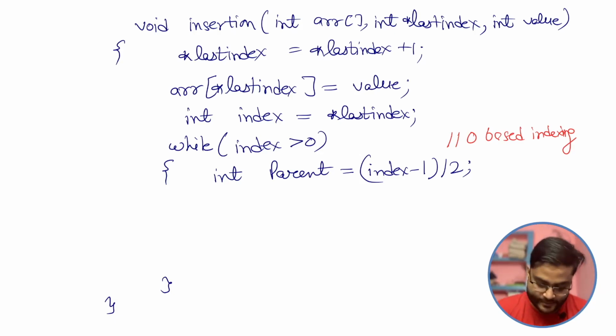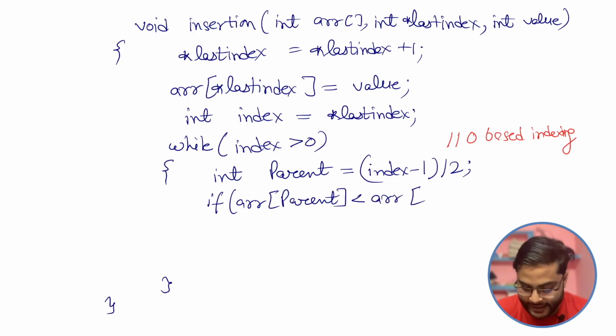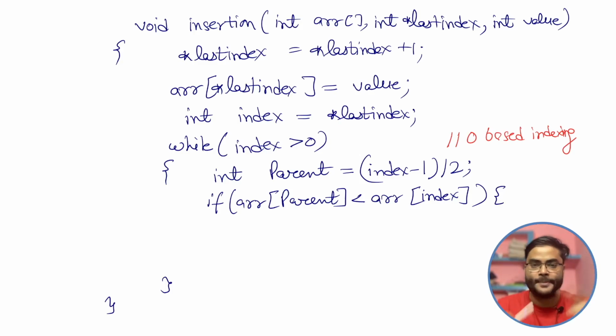Now I will check if array at my parent is less than array at my index. If that is the case, I will swap the values at parent and index.